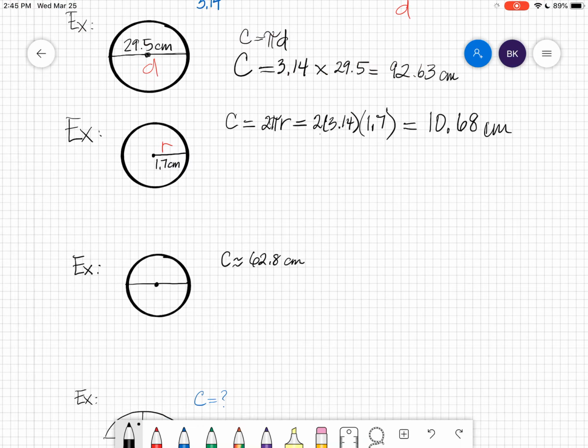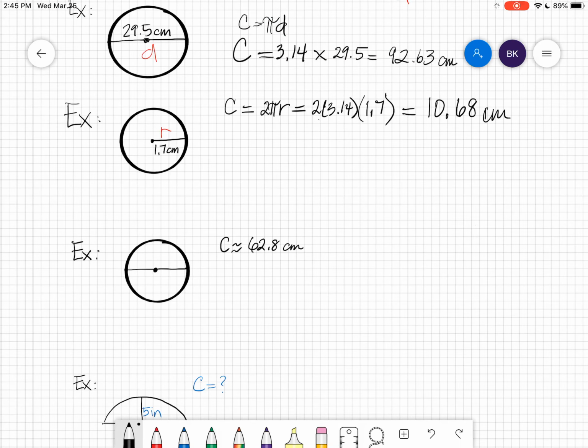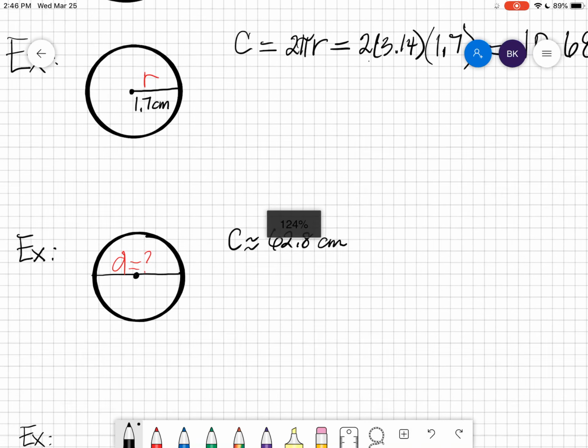Next example. I'm asked to find the diameter, knowing the circumference of the circle. The circumference is given to us.